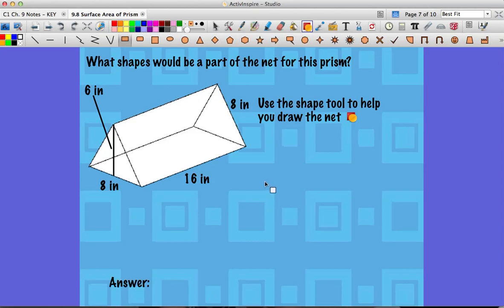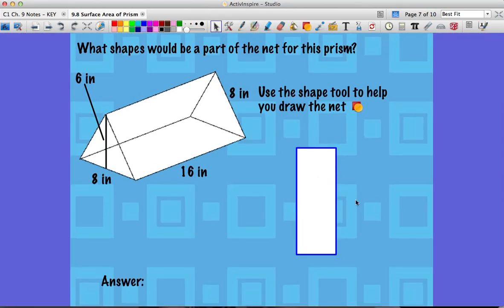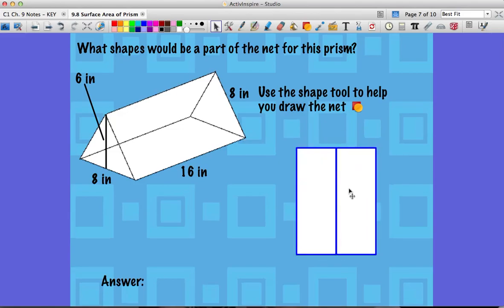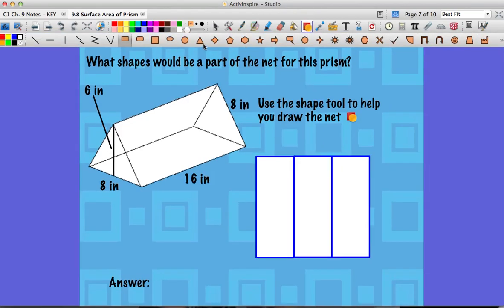So I know that I have a rectangle, and then off of that rectangle is another rectangle. And then off of that rectangle is one more rectangle. And then of course I have my triangular bases.